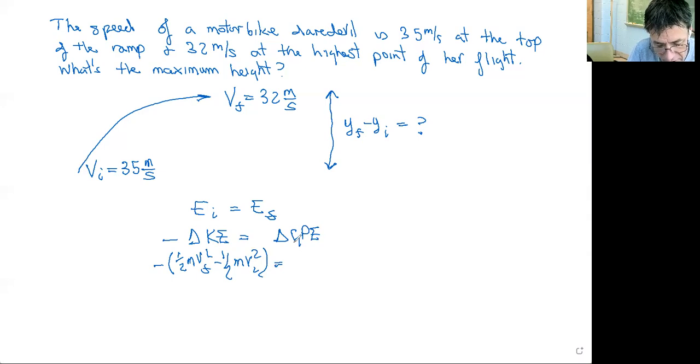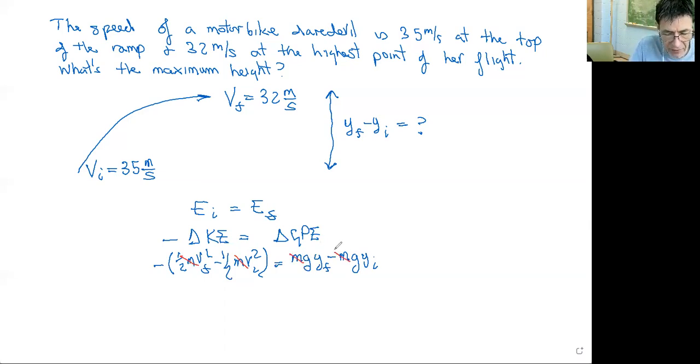And the change in gravitational potential energy is the final gravitational potential energy, m g yf, minus the initial gravitational potential energy, m g yi. And if we look at that equation, I can divide through by the mass. So let's cancel out the masses. Each term has a mass in it.